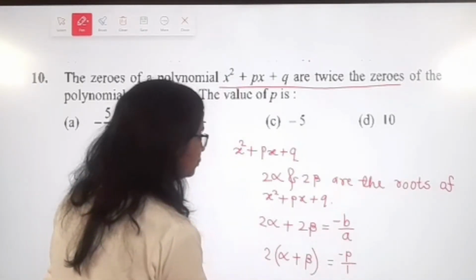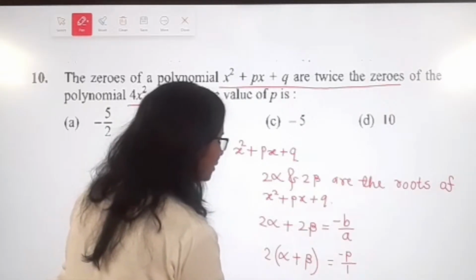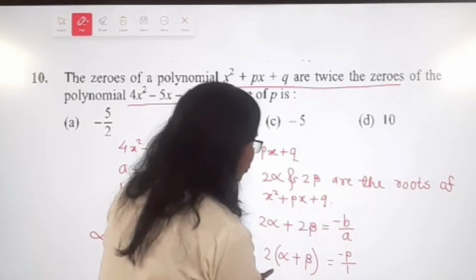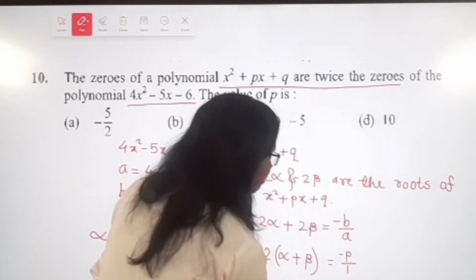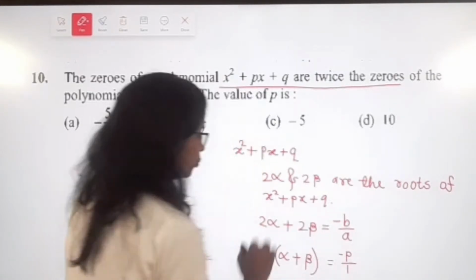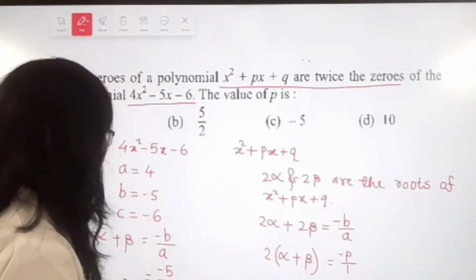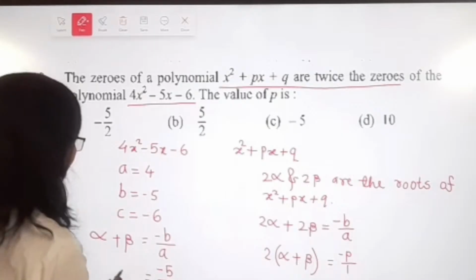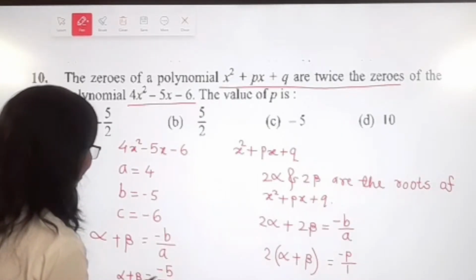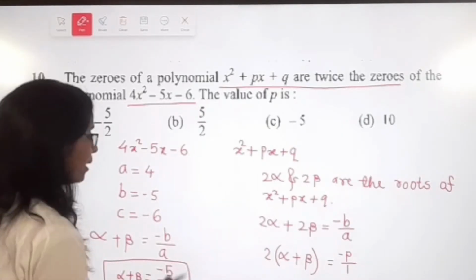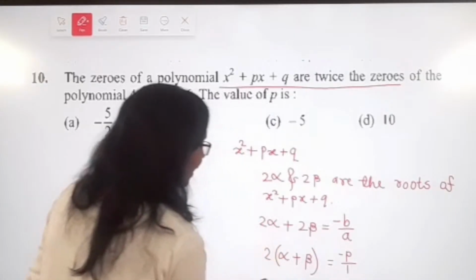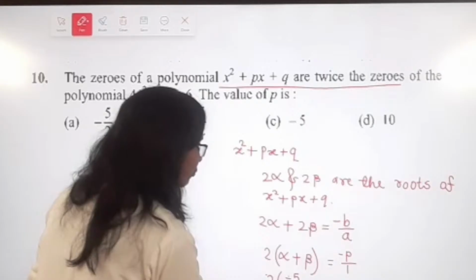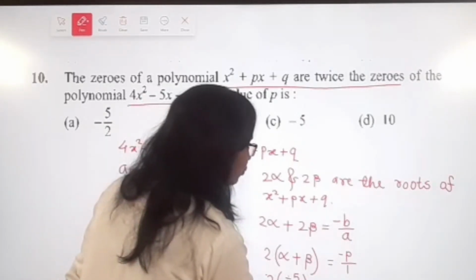In the place of alpha plus beta, we can place its value, minus 5 upon 4. So I place it directly: 2 multiplied by minus 5 upon 4.